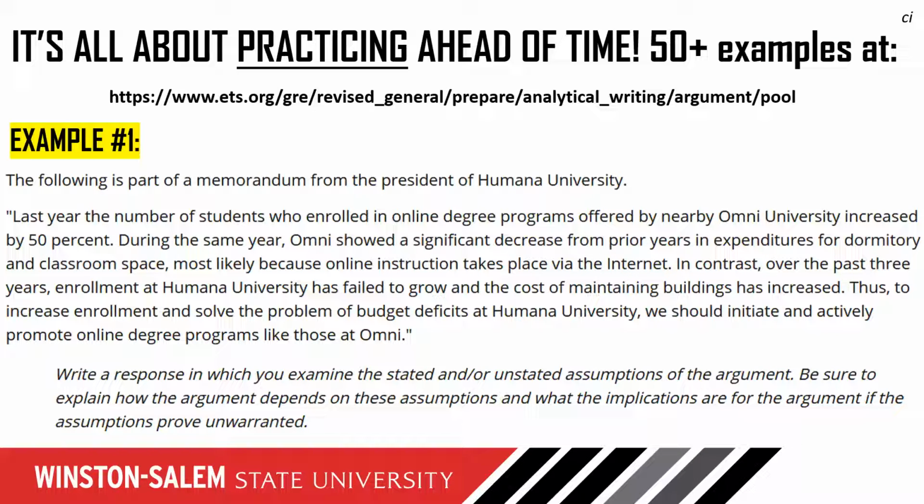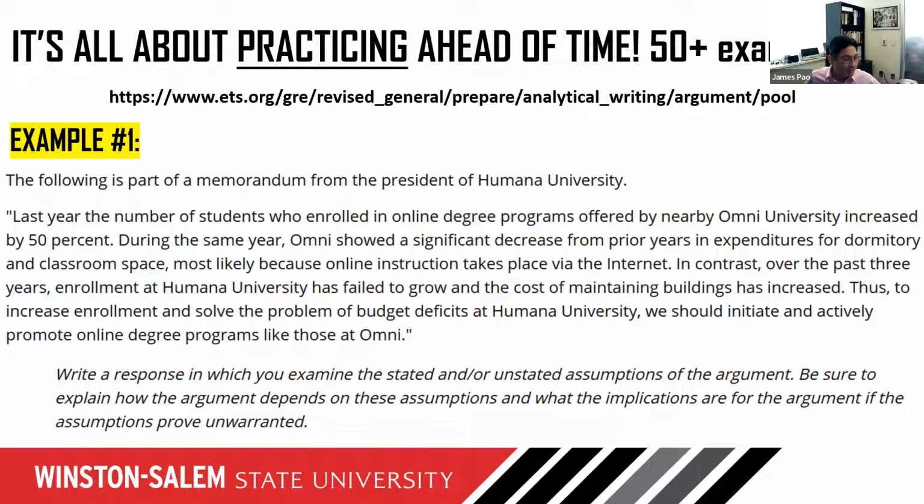Yes, it does. So then what it asks is, what are the assumptions? What is being assumed about things? For example, one assumption could be that Humana and Omni can operate the same way. Humana is just as well equipped to do online as Omni is. That's the assumption, meaning the thing that they assume is true, but we don't really know.